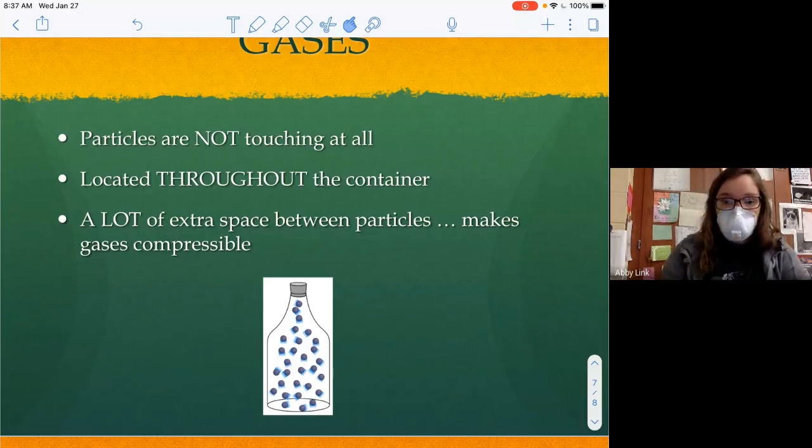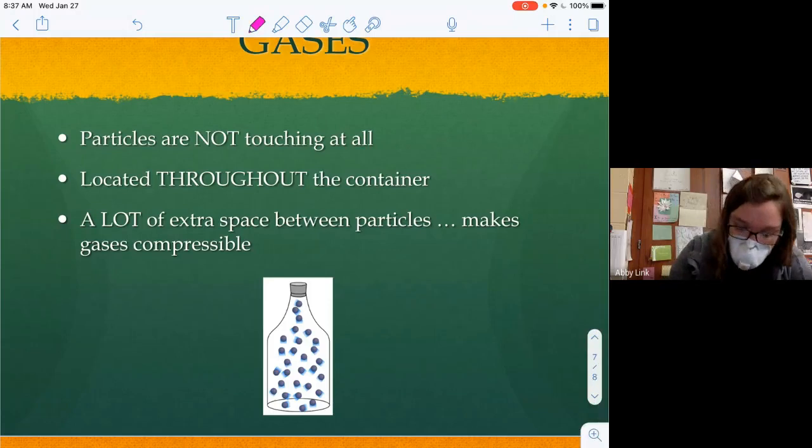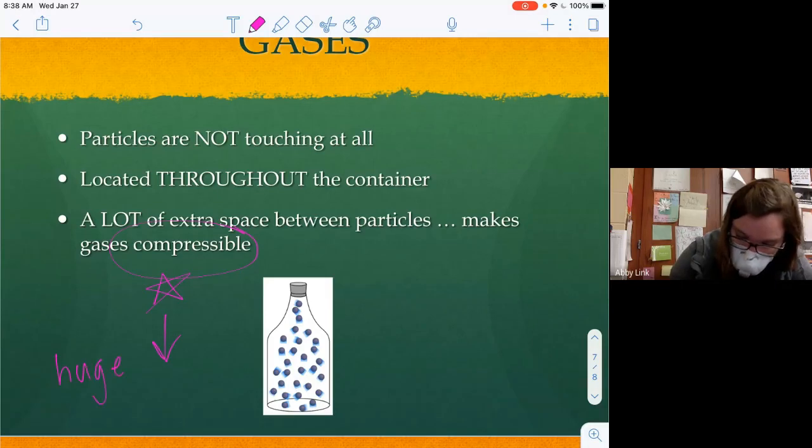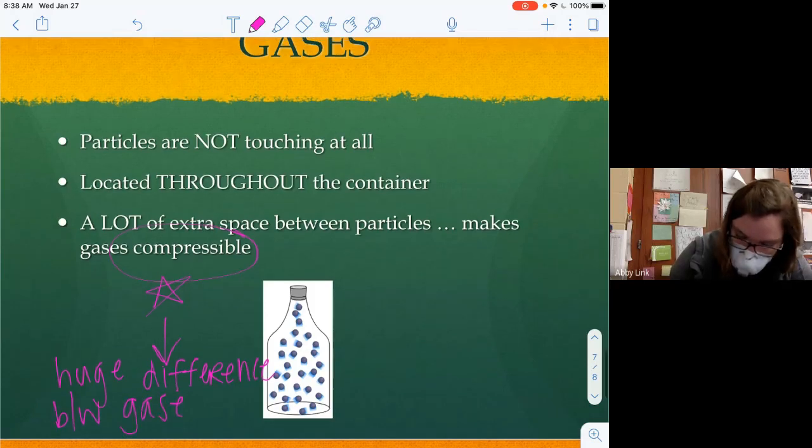They are located throughout the container, and there's a lot of extra space between the particles, which makes them compressible, okay. Now, this is a huge difference between gases and solids.